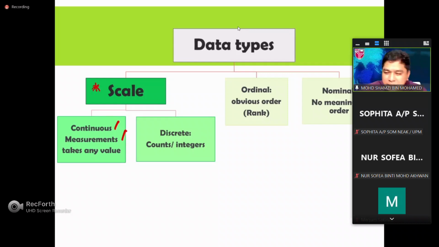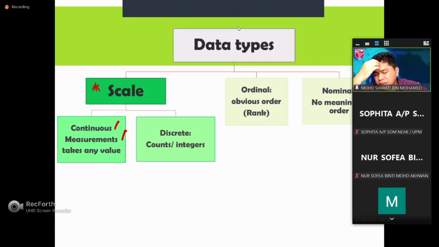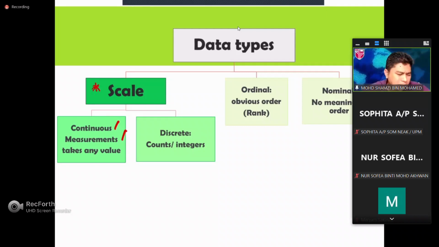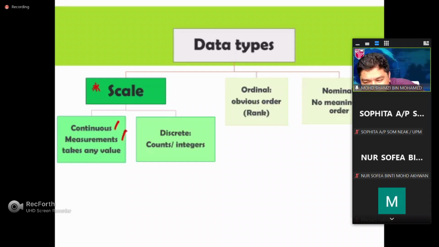For pH, if you start from neutral pH 7, you can go from 7.1 until 7.99, and then you jump to another scale, 8.0 in terms of pH. So there is no disjointed value between the two. So this one is measurable.